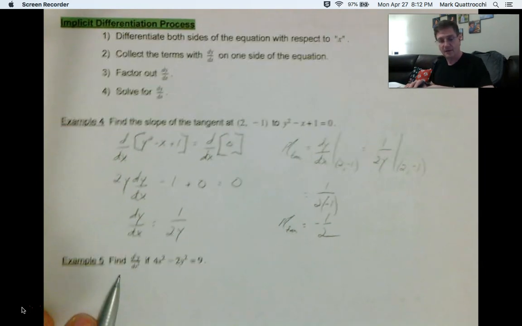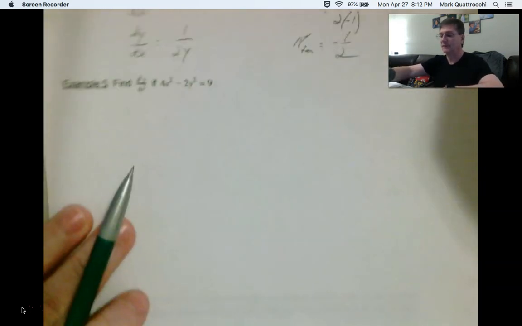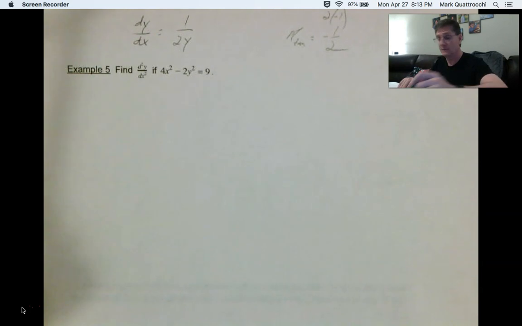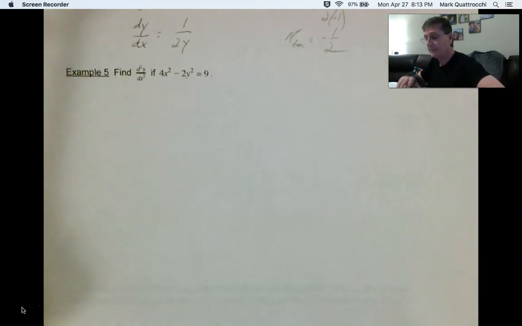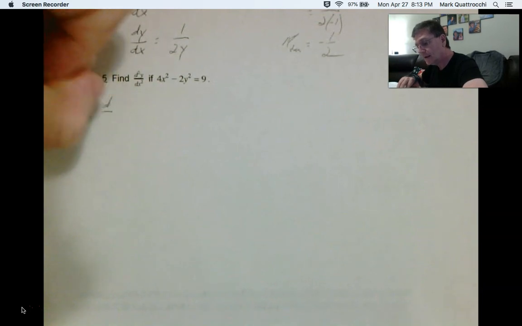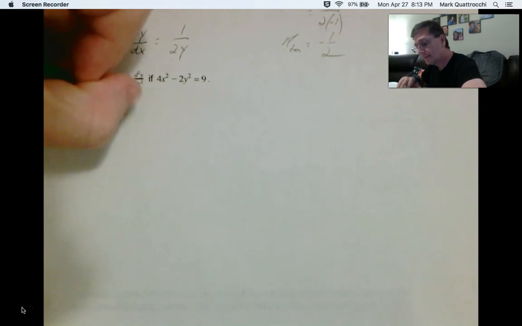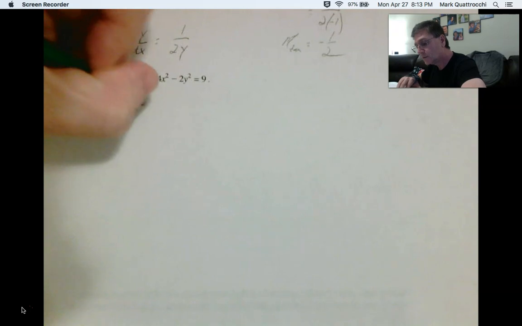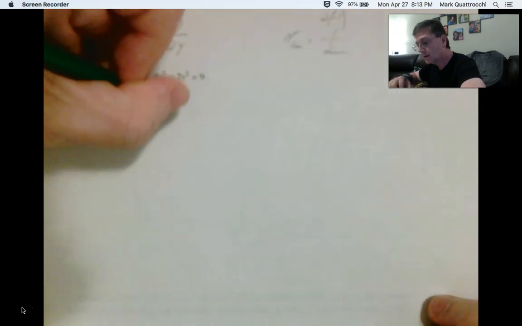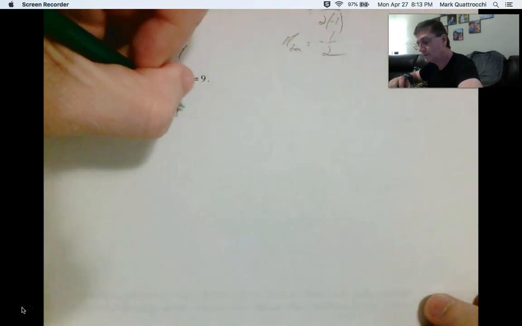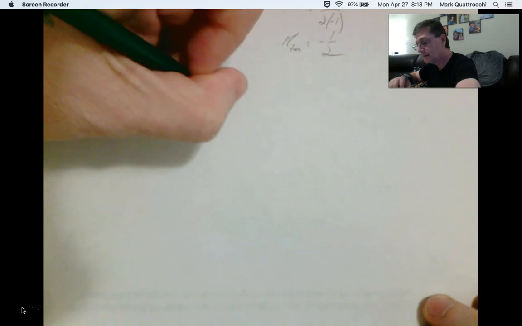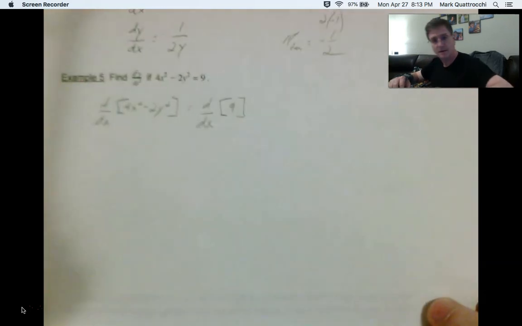All right, example 5, we want to find the second derivative of this problem. Okay, so we're going to use implicit differentiation. Take the first derivative, so d/dx of 4x squared minus 2y squared equals d/dx of 9.